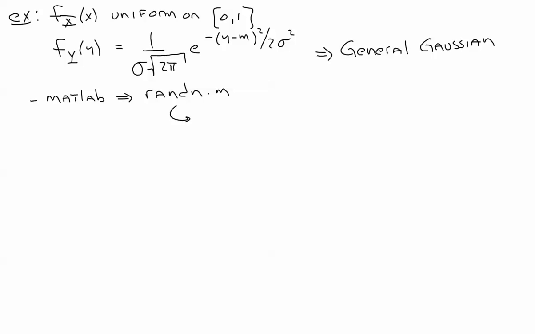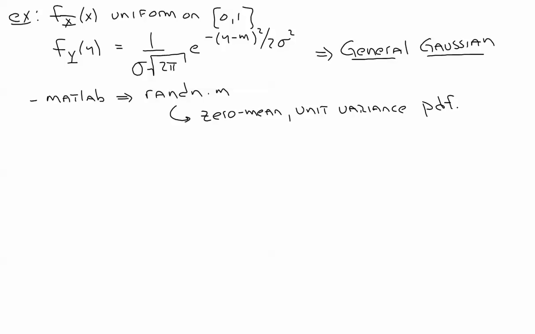Another name for the Gaussian distribution is the normal distribution. The randn function, however, gives me data that is distributed according to a zero mean, unit variance PDF. MATLAB does not have a built-in random number generator that will allow you to create data that is distributed according to a general Gaussian with any mean or standard deviation.